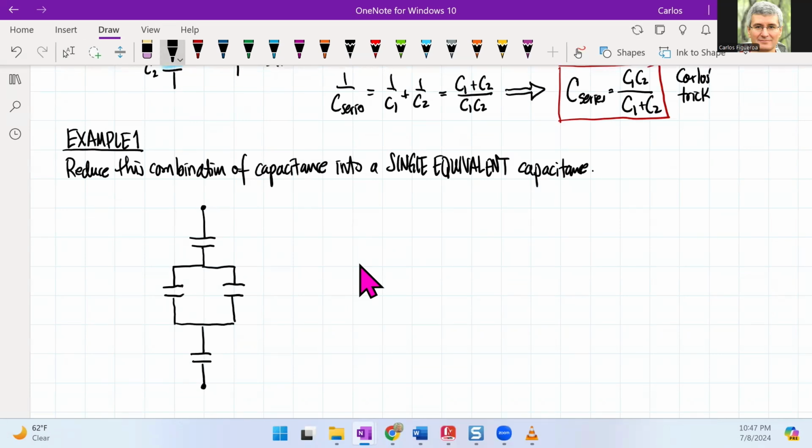I'm going to call this A and I'm going to call this B. And these capacitors have a series of values in units of microfarads. Our whole goal is to replace this with a single capacitor, which we call the equivalent capacitor, AB, because each of these nodes is labeled A and B.